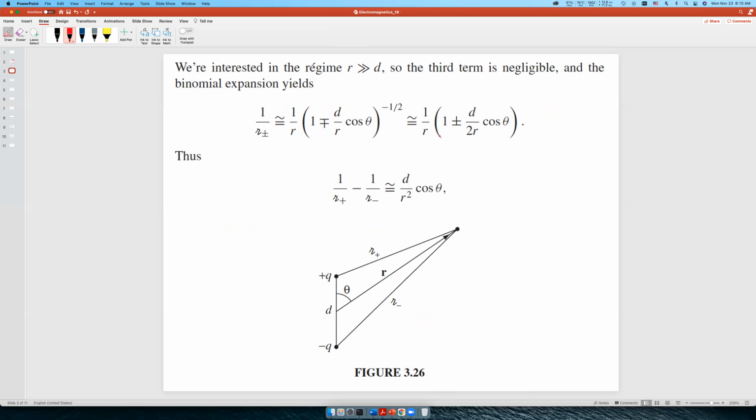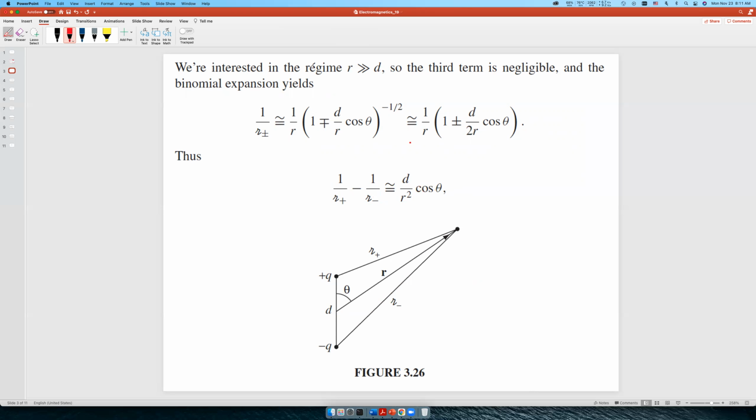We're not going to derive this equation in detail, but let's believe the textbook is right. Then 1 over R plus subtracted by 1 over R minus is approximately equal to d over R squared times cosine theta.